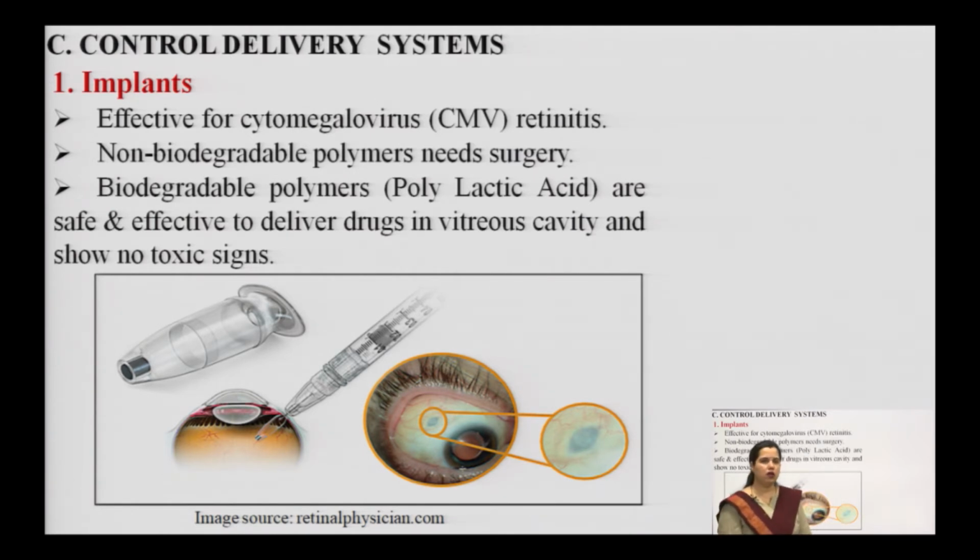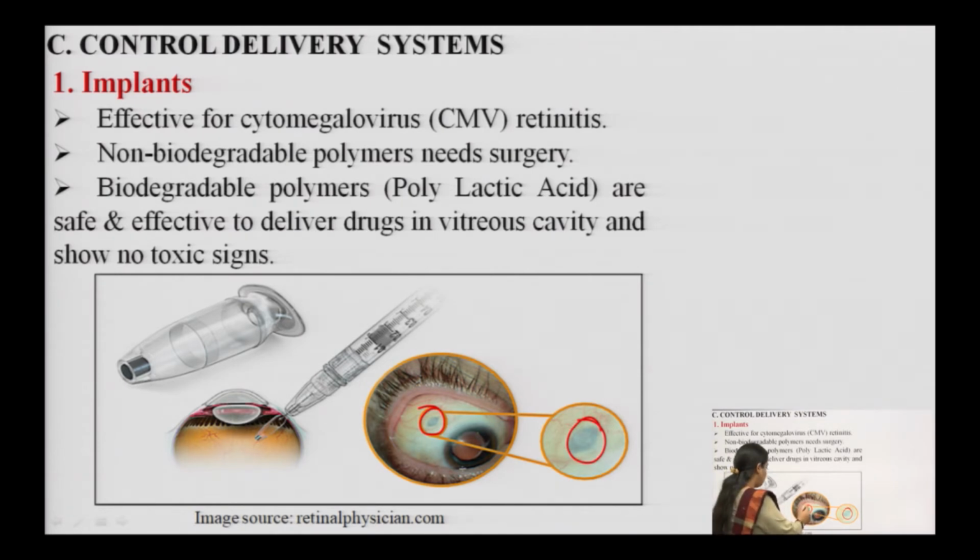And you see in the eye region, yes, this is the device through which we can put the implant into the eye region. Now, you see this is the picture where in the original you see this highlighted area. This is the implant which is put on the eye, right.